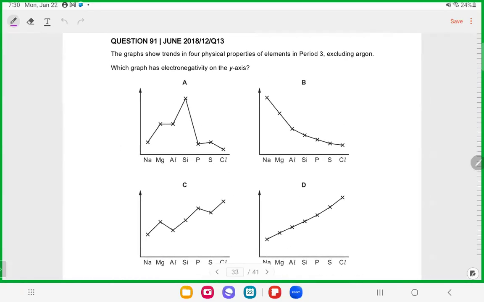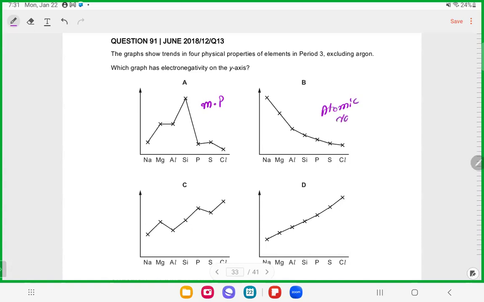Okay, the graph shows a trend in the four physical properties of the elements, excluding argon. Which graph has the electronegativity on the y-axis? Yeah, मुझे ये आंसर नहीं, मुझे सबको मार्क करके बताओ. This one is melting point. This one is atomic radius.